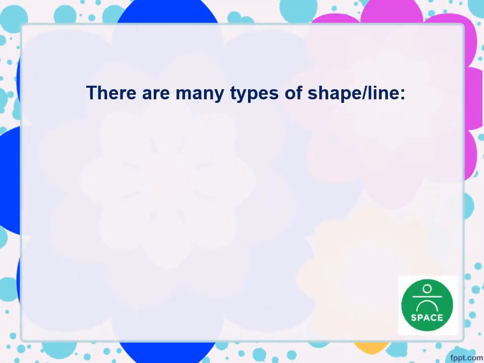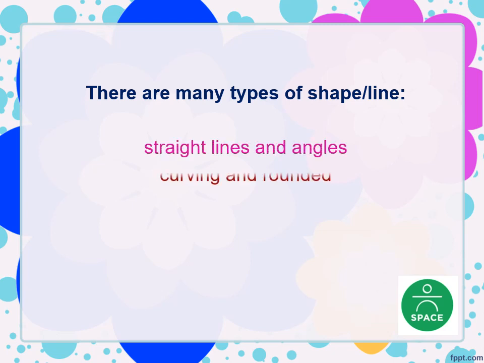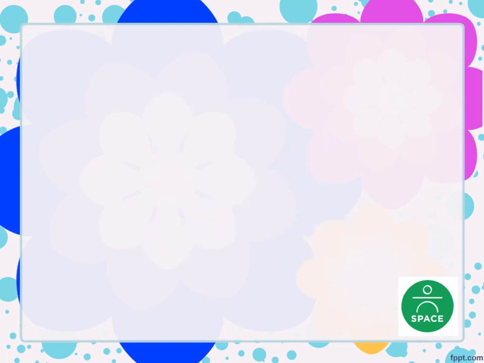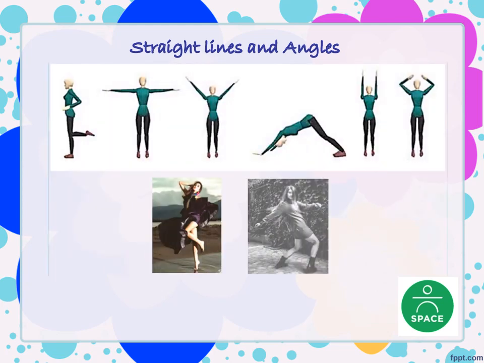There are many types of shape or line: straight lines and angles, curving and rounded, open and closed, symmetrical and asymmetrical, harmonious and contrasting. Straight lines and angles.